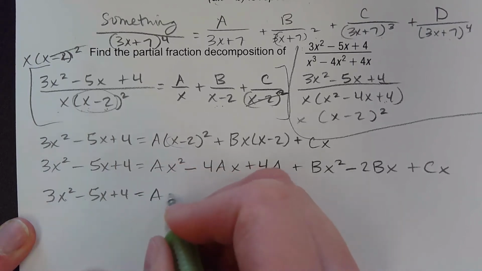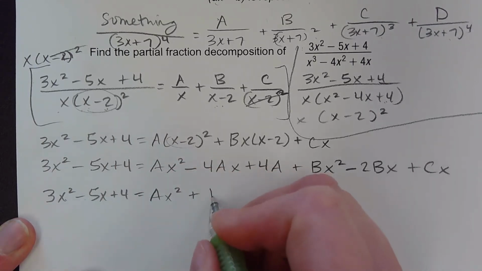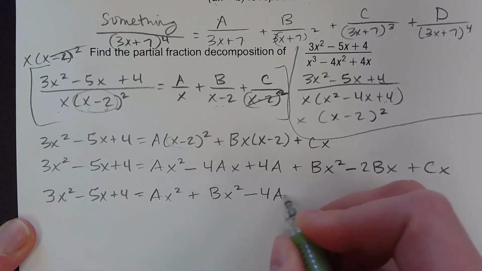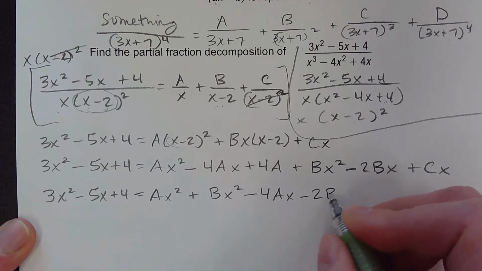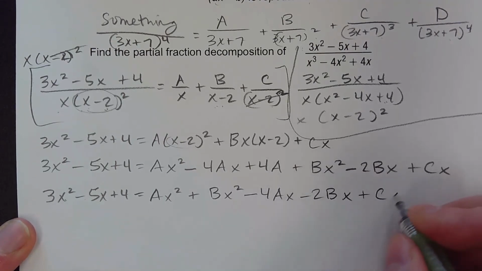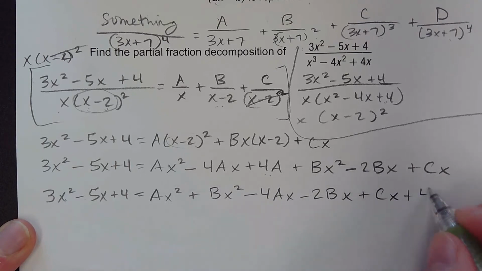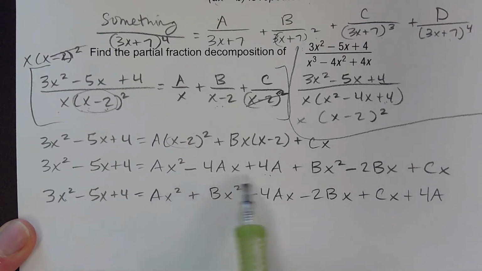So let's put our Ax squared and our Bx squared together, and then we have a minus 4Ax, a minus 2Bx, and a plus Cx. At the end, our only constant term is the 4A. It looks like I have all my terms accounted for because I had 6 up here, and I still have the 6.